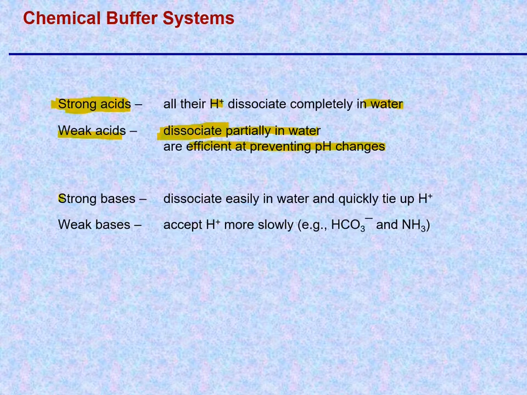Similarly, strong bases will easily dissociate in water, quickly interacting with and tying up hydrogen ions. However, weak bases will accept hydrogen ions more slowly, and these include bicarbonate, sodium bicarbonate, and ammonia.